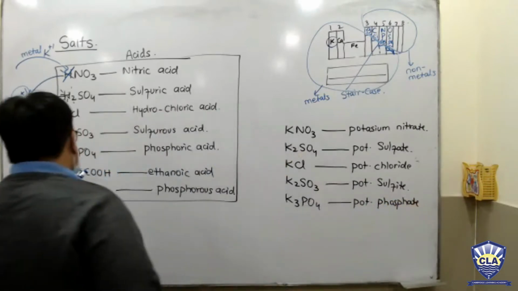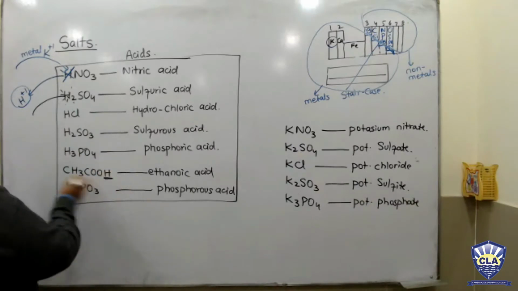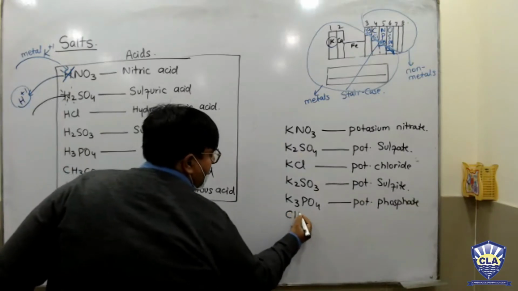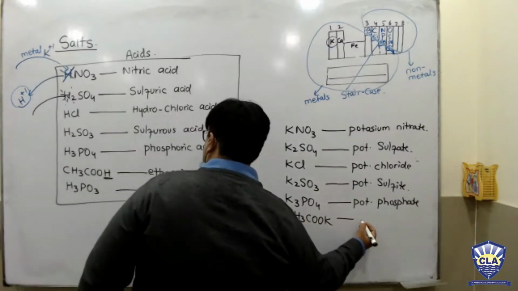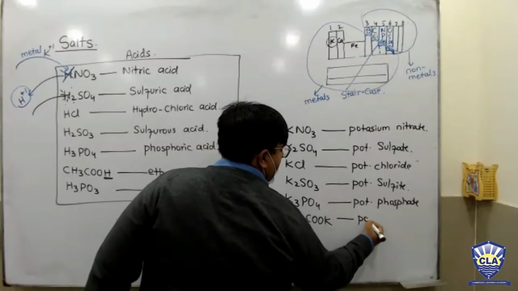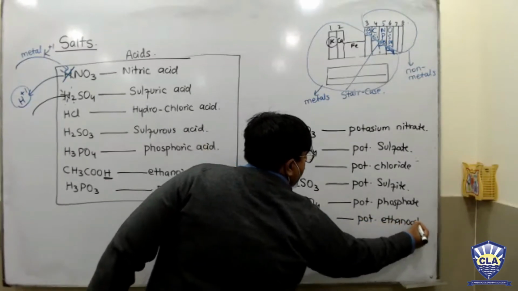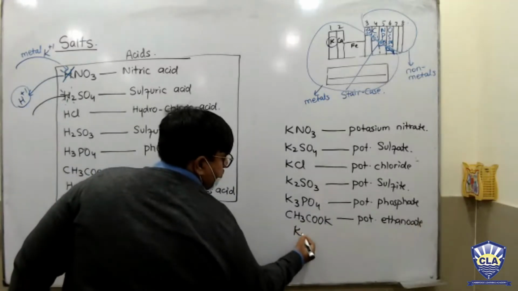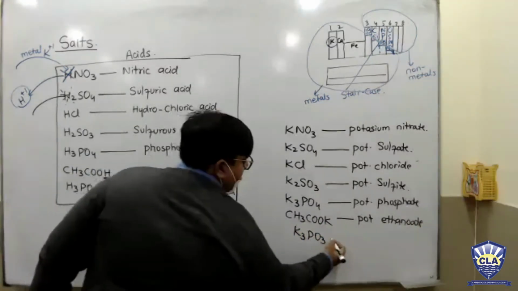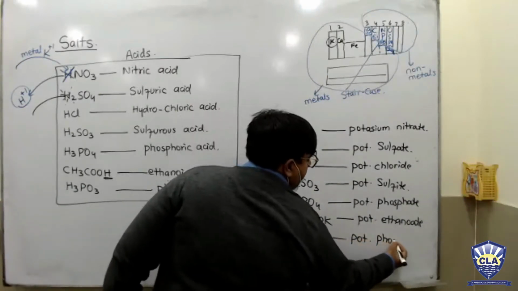And just like that, this last hydrogen should be replaced with the K, so it would become CH3COOK. So this is called as the potassium ethanoate. And this one K3PO3. So K3PO3, that would be potassium phosphite.